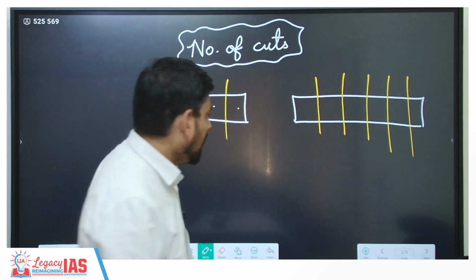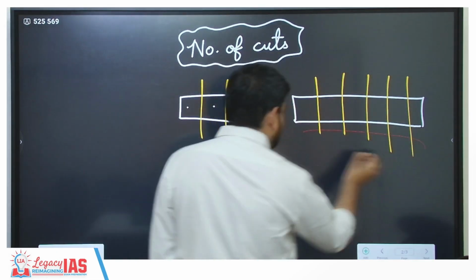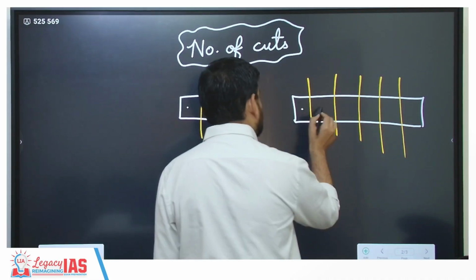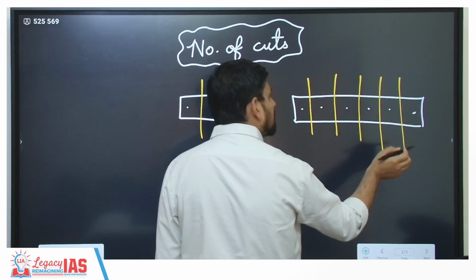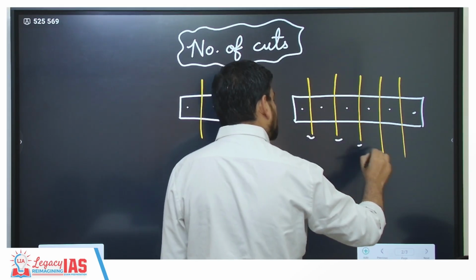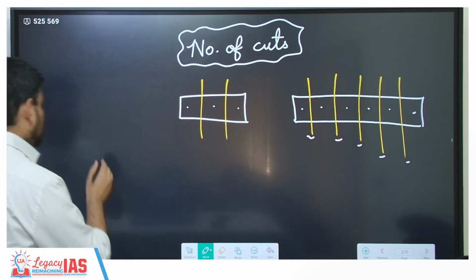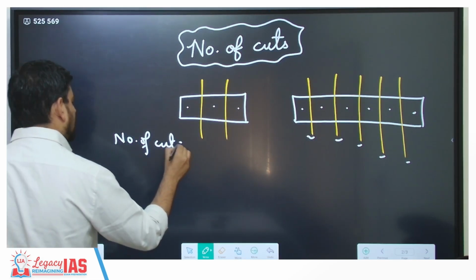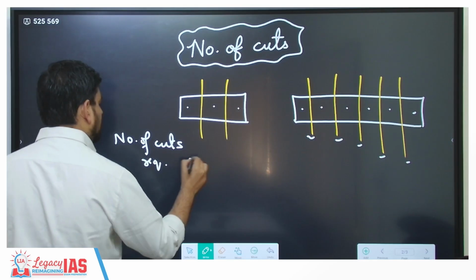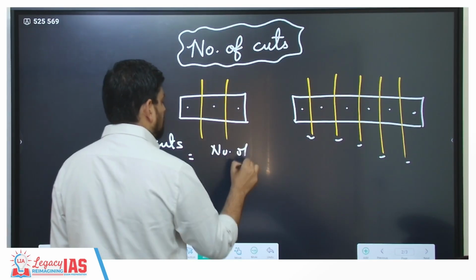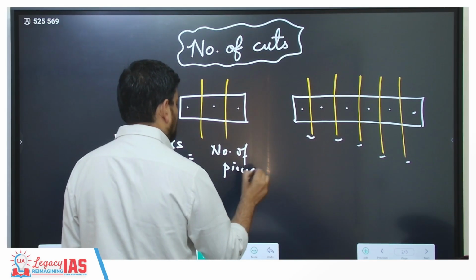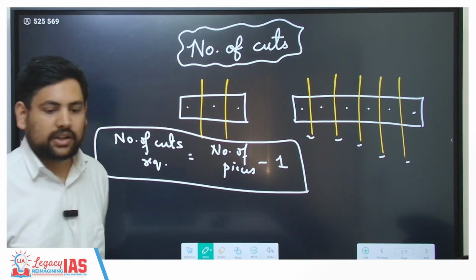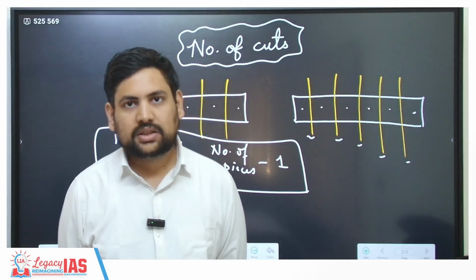How many pieces did I get? 1, 2, 3, 4, 5, 6. And how many cuts did I make? 5. So basically, one thing that you must be getting is that the number of cuts required is equal to the number of pieces minus 1. Simply number of pieces minus 1.